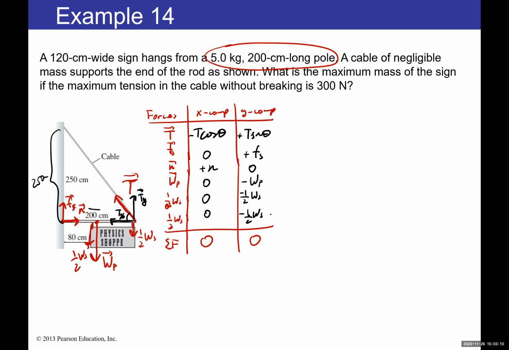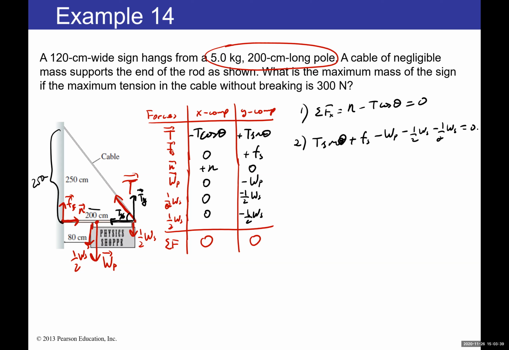So I get equation 1, which is net force in the x direction: normal force minus T cosine theta equals 0. Equation 2, in the y direction: T sine theta plus the static friction minus weight of the pole minus 1/2 weight of the sign minus 1/2 weight of the sign equals 0.